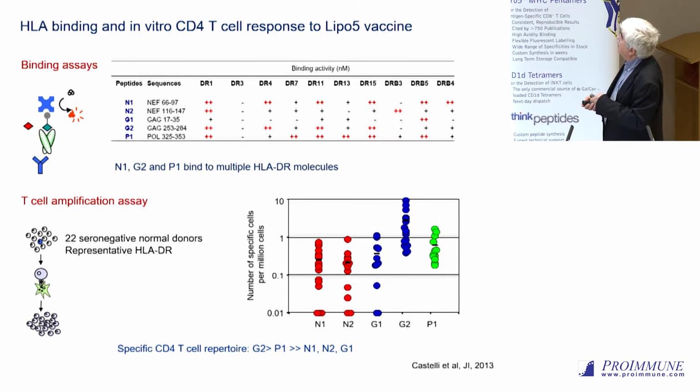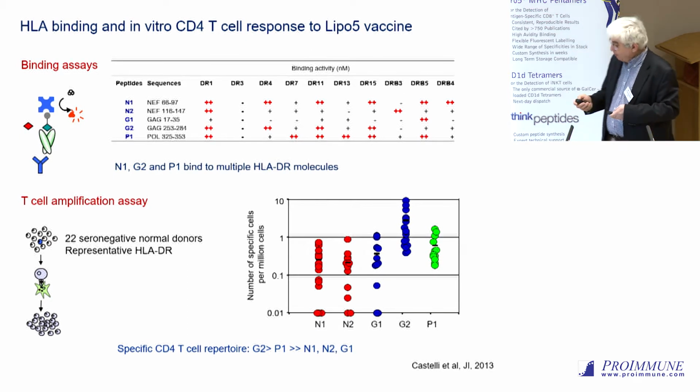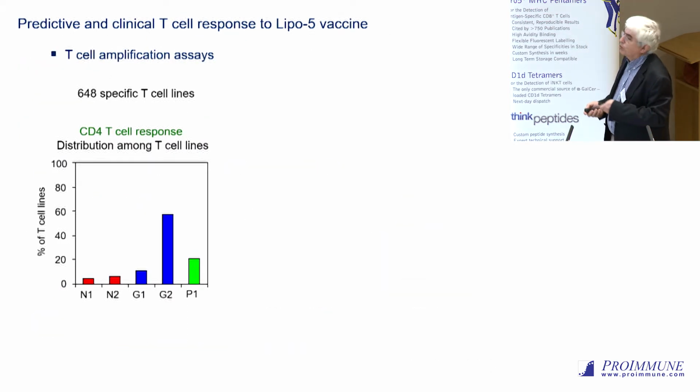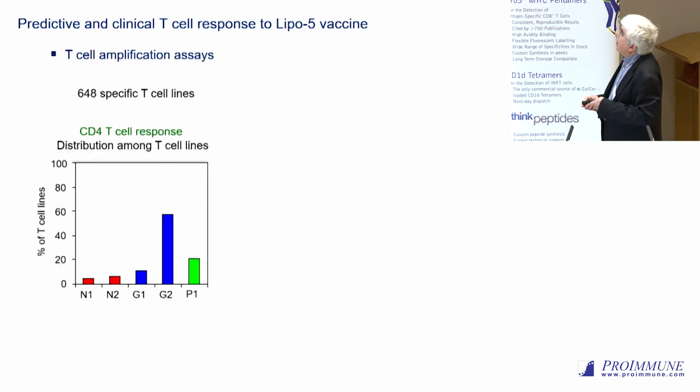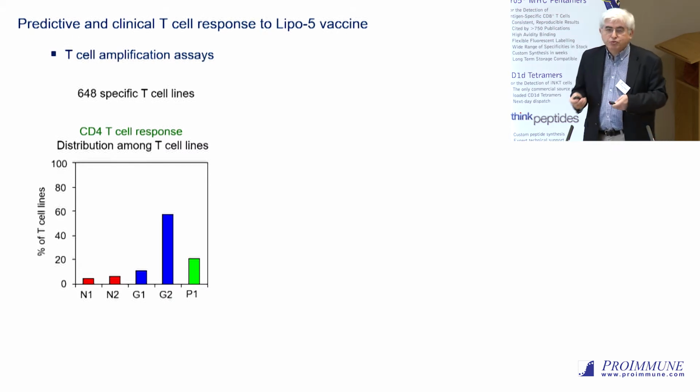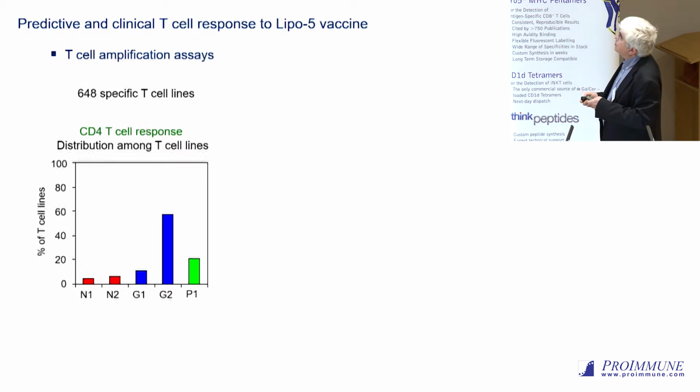Clearly G2 is much more stimulating than the others, then P1, and the other ones were clearly less. At the end, we derived more than 600 different specific T cell lines, and we can present these data in a different way. You see the distribution of the T cell lines based on the specificity.